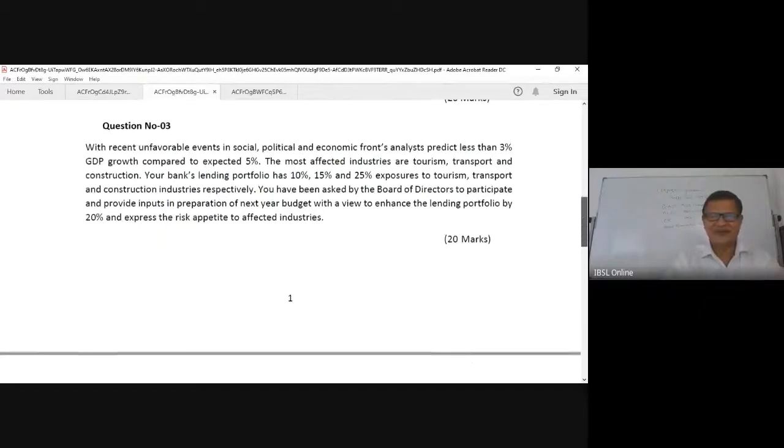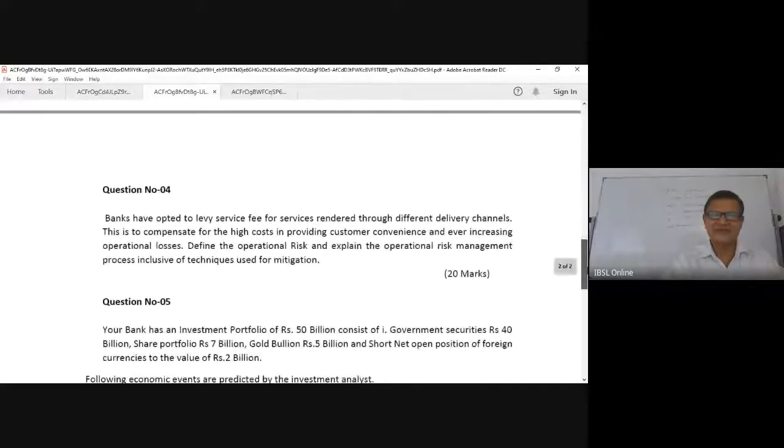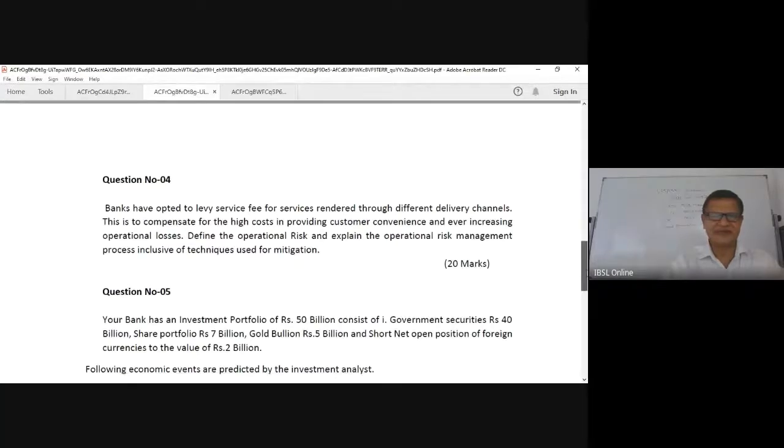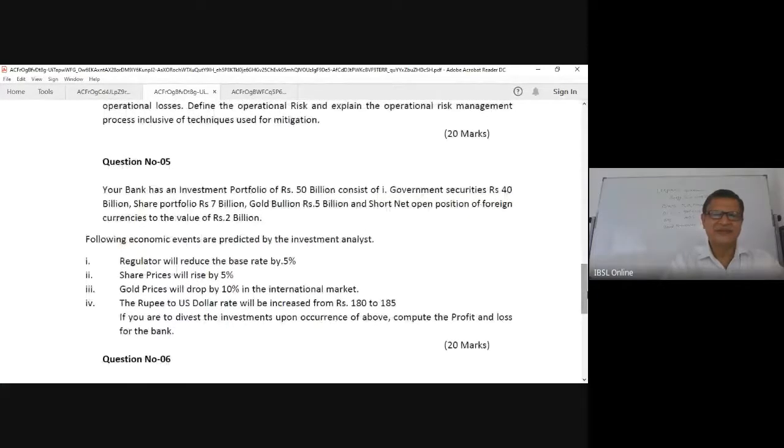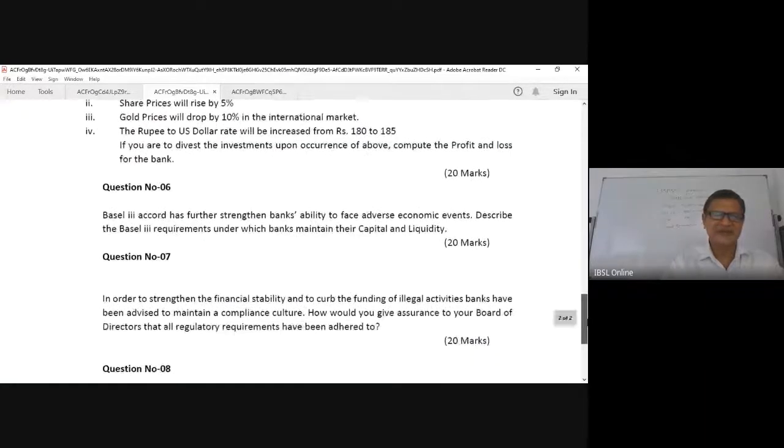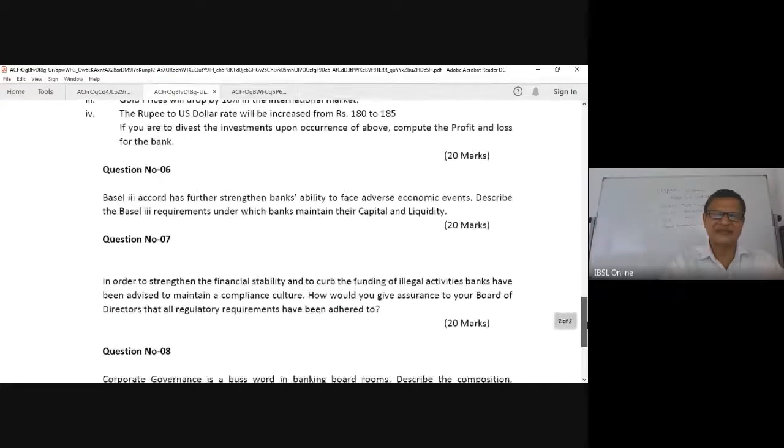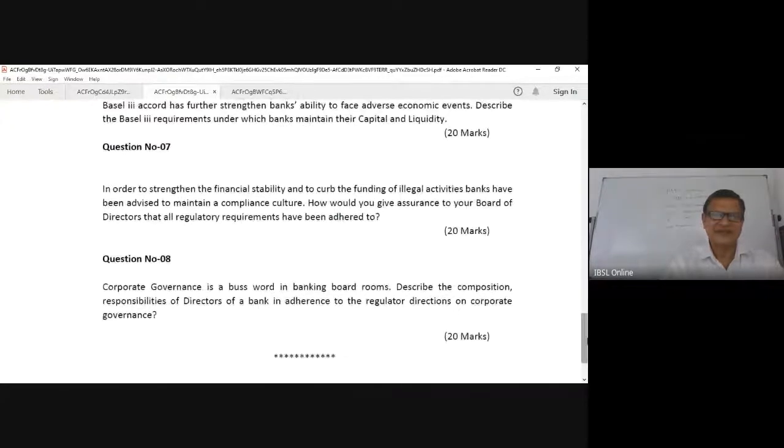The fourth one is again about the delivery channels, it's operational risk. The fifth one is the investment portfolio, which relates to market risk. Question 6 is again about Basel III. Question 7 is about compliance.